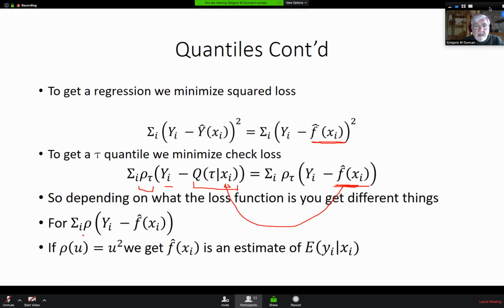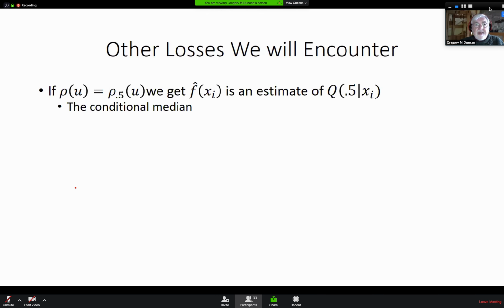So if I take my loss function to just be something I'm going to call rho, and if I take rho of u equals u squared, then the f hat we get is an estimate of the conditional expectation of y given x. Let's say that I take rho of u equal to rho 0.5 of u and minimize with that loss.